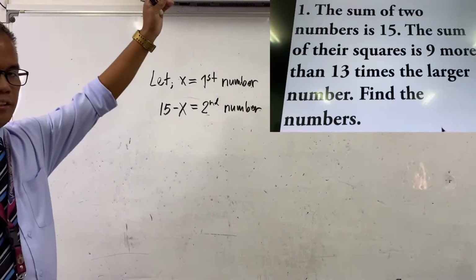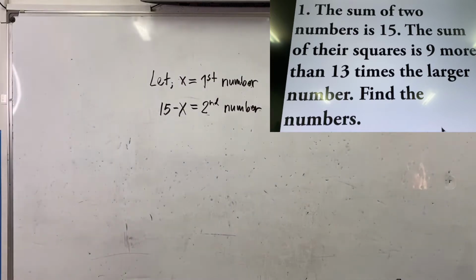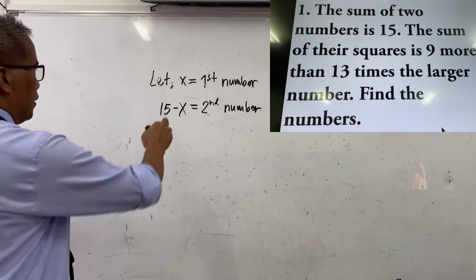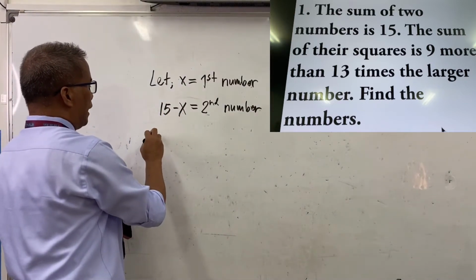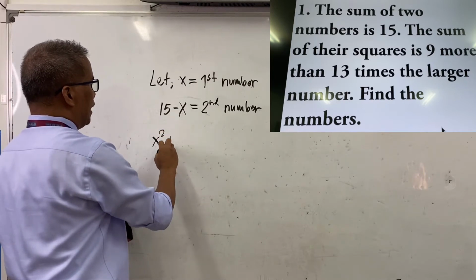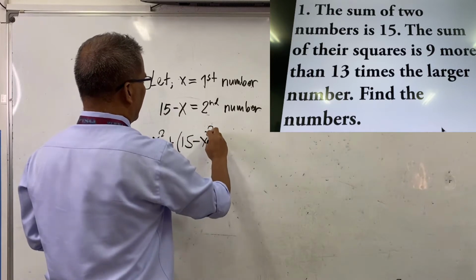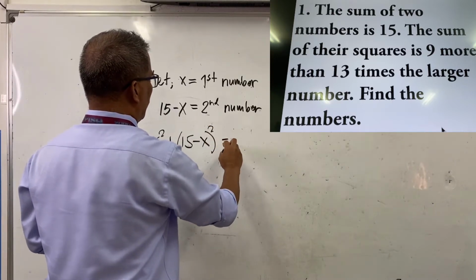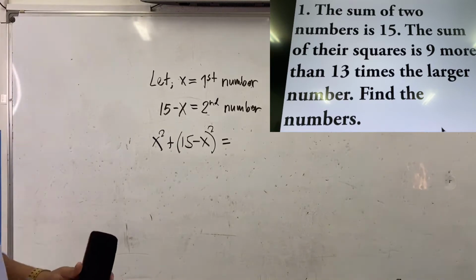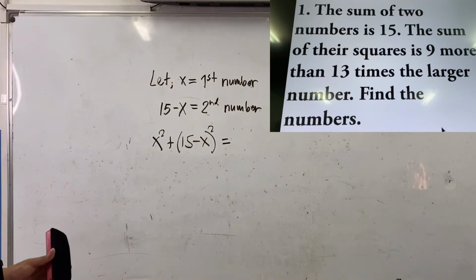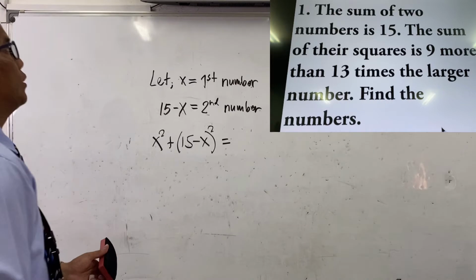So the second sentence: the sum of their squares is 9 more than 13 times the larger number. So the sum of their squares, we have now x squared plus (15 minus x) squared is equal to 9 more than 13 times the larger number.